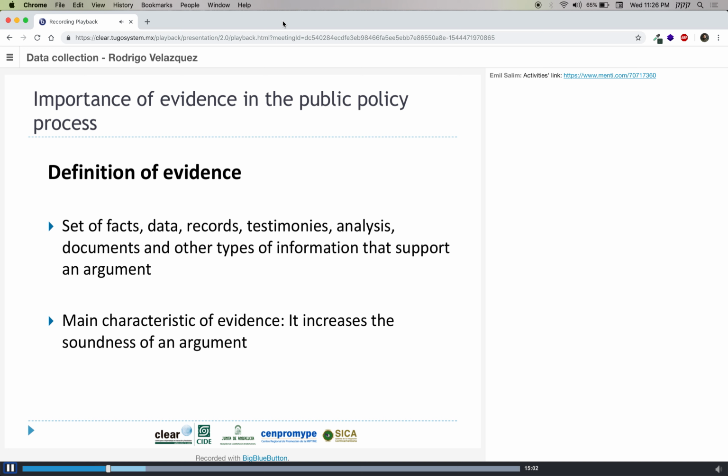In public policy, as well as in other disciplines or sciences that are not exact, the researchers provide evidence in order to support an argument, and in this way they provide information, different types of information to support an argument.